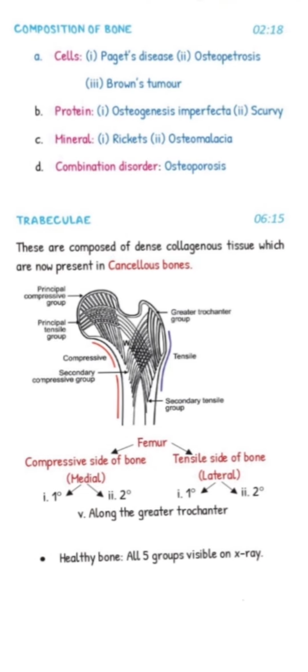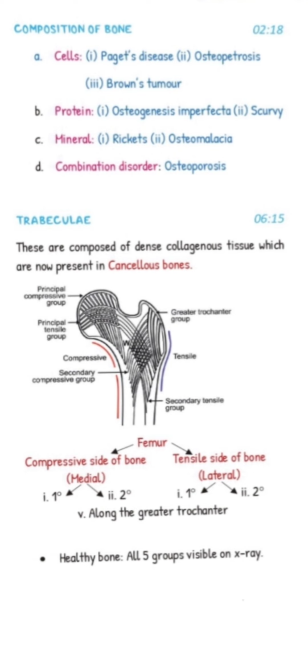So in femur you will see compressive side of bone. Which side is compressive? Look at the red line, that is medial side, and tensile side of bone is lateral side, that is denoted in blue line. So medial side primary and secondary, and lateral side also primary and secondary.